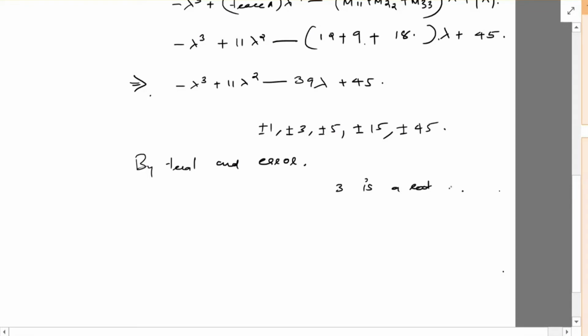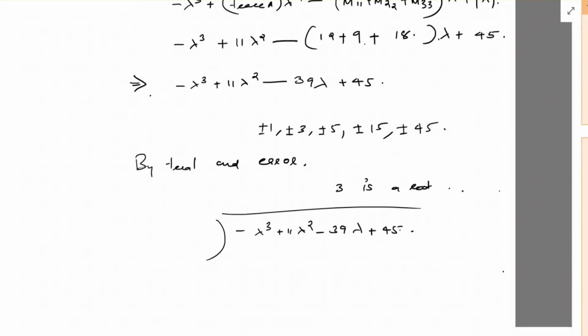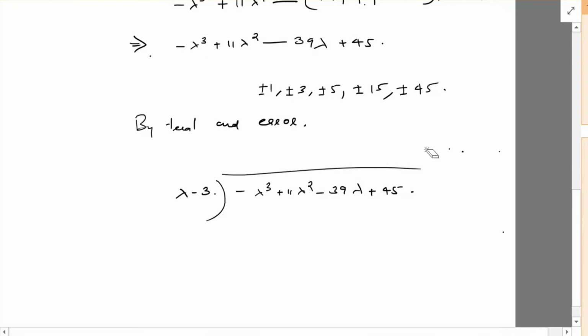Okay. So to find the other roots of this polynomial, we will divide the characteristic polynomial with what? You have to divide it with which factor? Lambda minus 3. So divide it with lambda minus 3. So what will be the quotient we are getting?